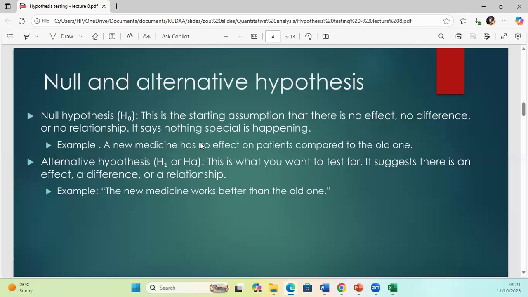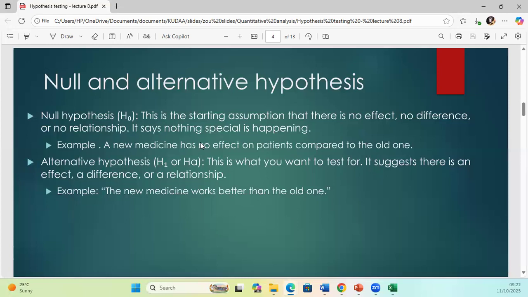But H1 is what we call the alternative hypothesis. It's saying their claim is true. So there are two things here. H naught is for the side that is saying no, nothing has changed. But H1 is in support of the claim. H1, or the alternative hypothesis, is agreeing that there is a change, that the claim is true. So we have to either accept H naught, the null hypothesis, or accept the alternative hypothesis.